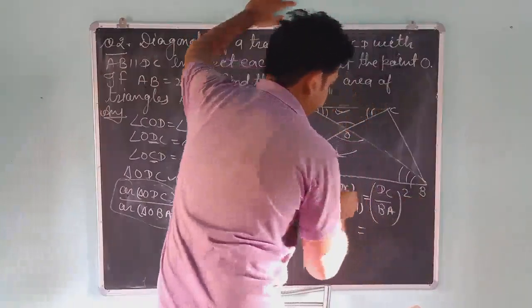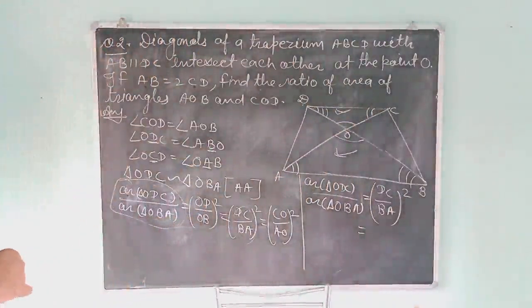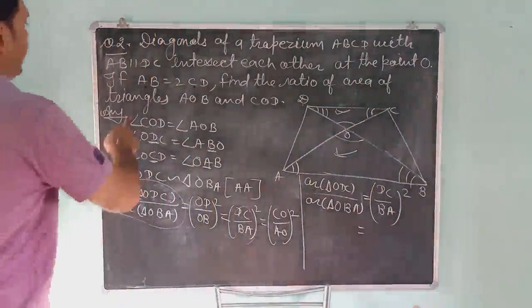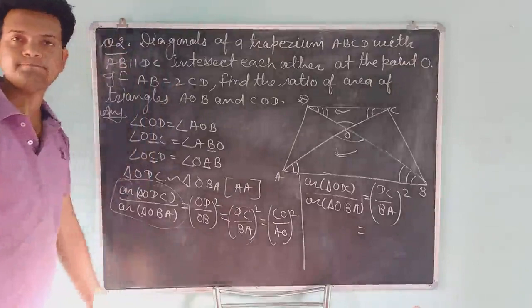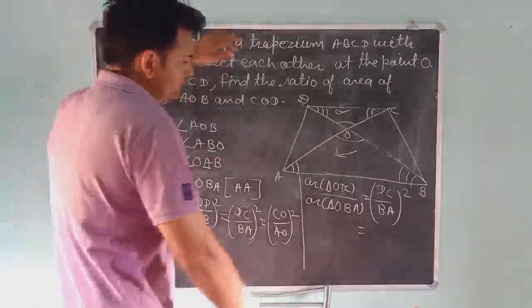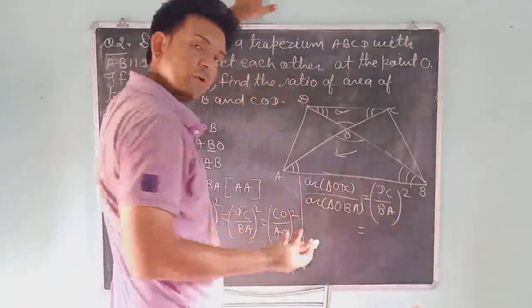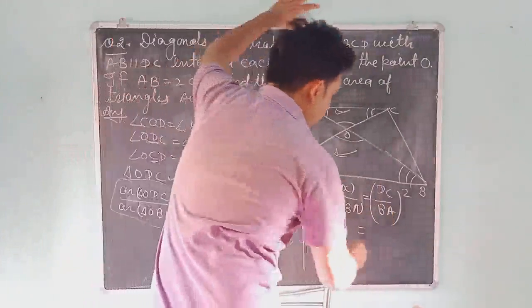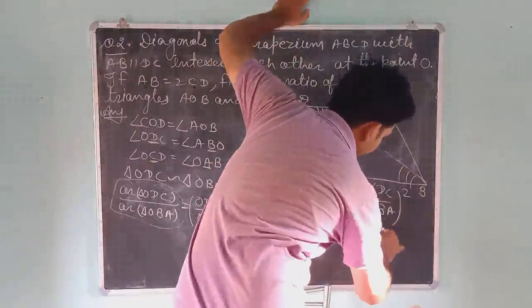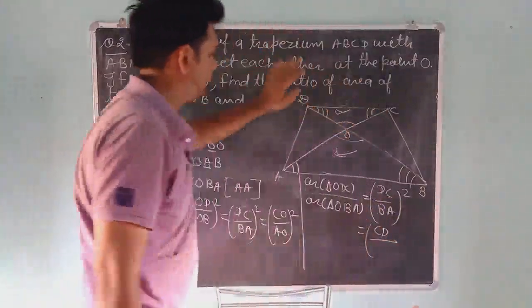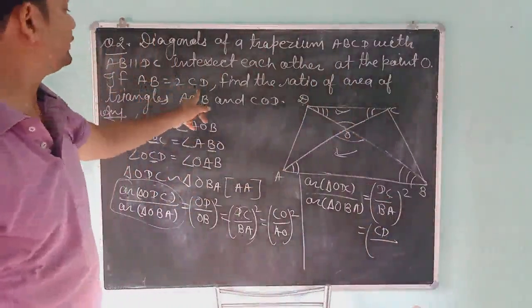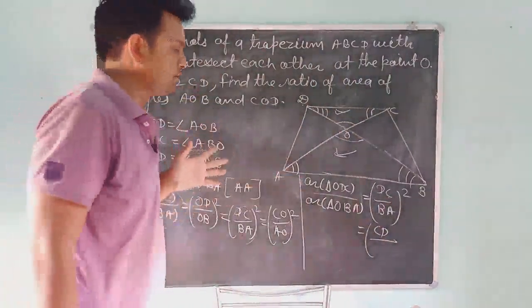Students, here please look carefully. AB is equal to 2CD. This is CD, this is AB. So CD upon AB, and AB is equal to 2CD, so I will write here 2CD.